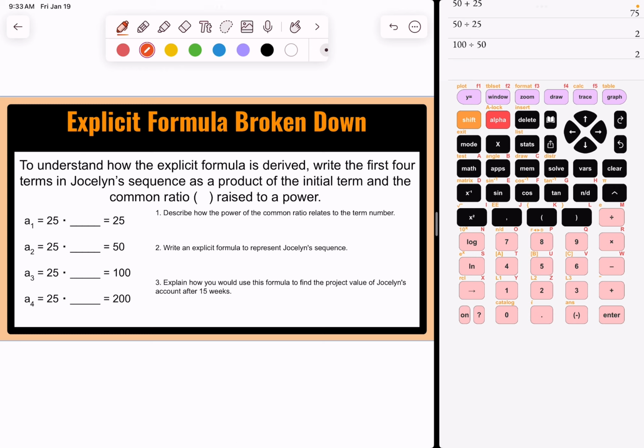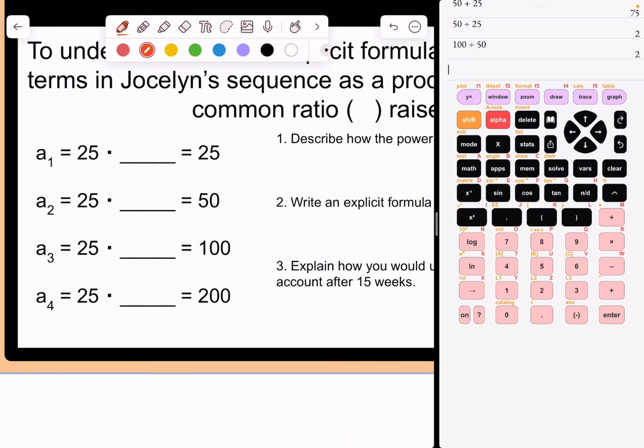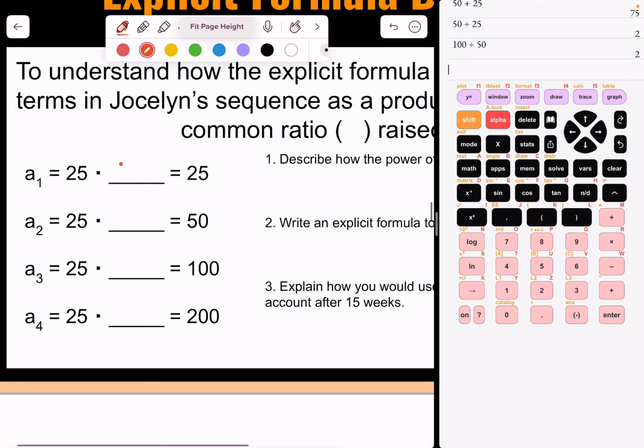To understand how the explicit formula is derived, write the first 4 terms in Jocelyn's sequence as a product of the initial term and the common ratio raised to a power. So to get 25, our ratio before was she's doubling, so 2. But she didn't actually do 25 times 2 to get 25.